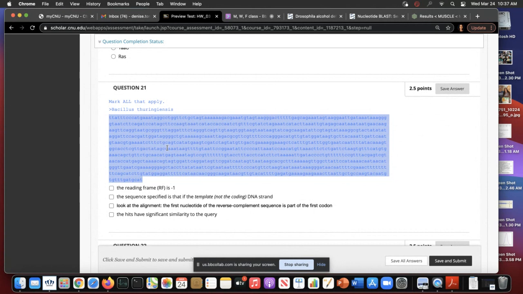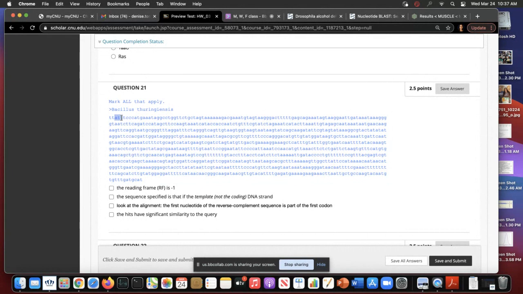So if you guys remember, there are 6 reading frames. The first one would start the reading from the first codon, so that would be RF +1. If you ignore the first one and you read the next 3, that would be your RF +2.